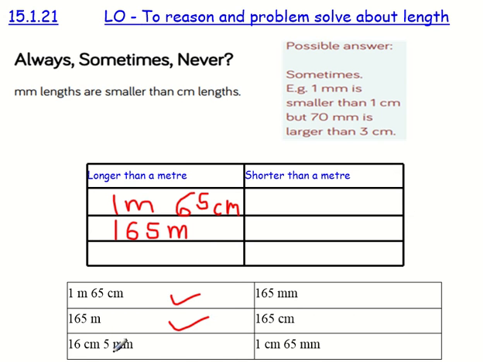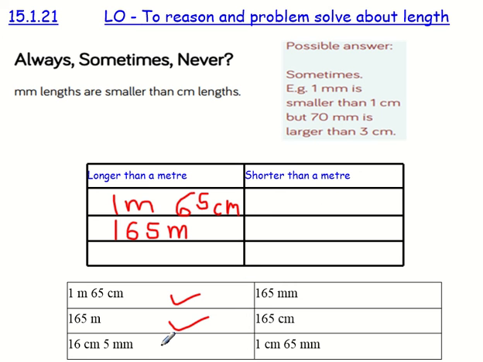Okay, number 3 is 16 centimetres and 5 millimetres. So 16 centimetres. Think about how many centimetres in 1 metre. I hope you're all shouting. So how many centimetres are there in 1 metre? There are 100. Here we've only got 16 centimetres. So is that smaller than 100? Is that longer than 100 or shorter than a metre, which is 100?